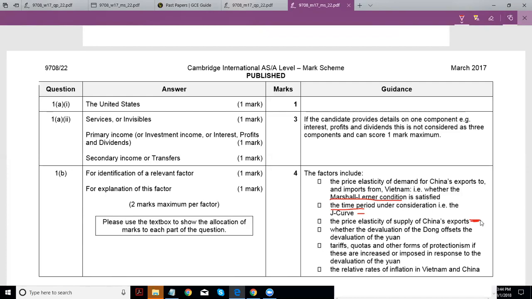Depends on the price elasticity of supply of its exports. This is what we took, whether the devaluation of the dong, which is the Vietnamese currency, offsets the devaluation of the yuan. You could also talk about protectionist measures and relative inflation rates, because if inflation in China is very high and very low in Vietnam, then even though devaluation would decrease export prices for China, inflation might offset that.